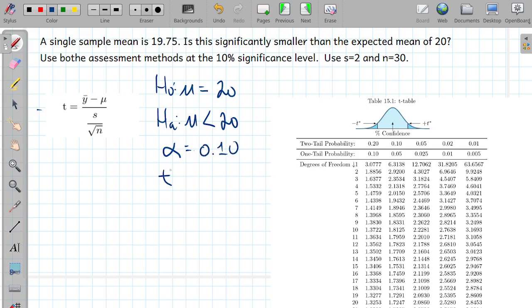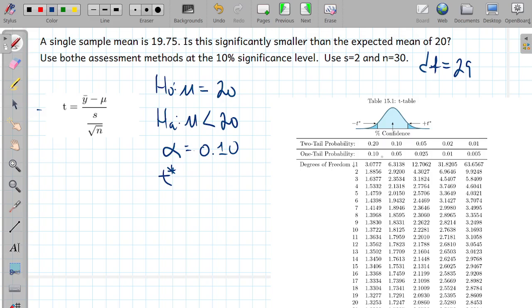That means we need a critical value that corresponds to that. Degrees of freedom will be 29. That's n minus 1. So let's find out the critical value. I wanted 10%, and it's a one-tail, so we're going to use this column.